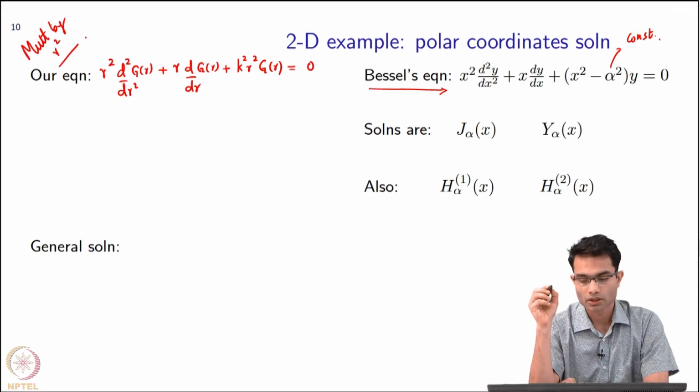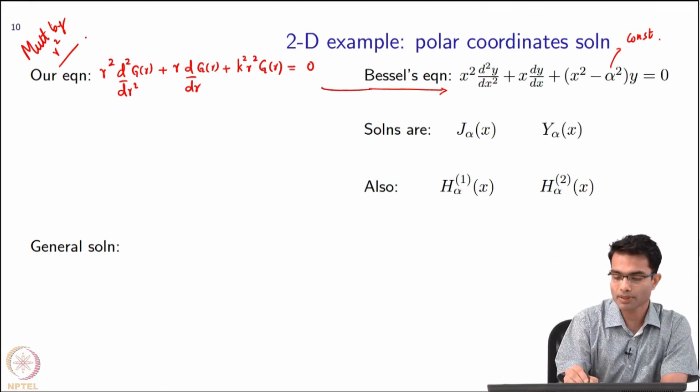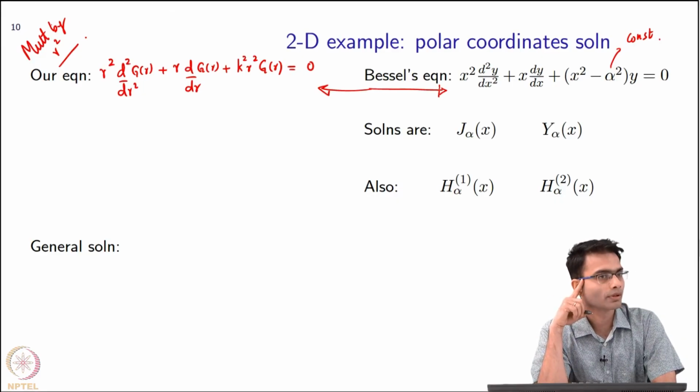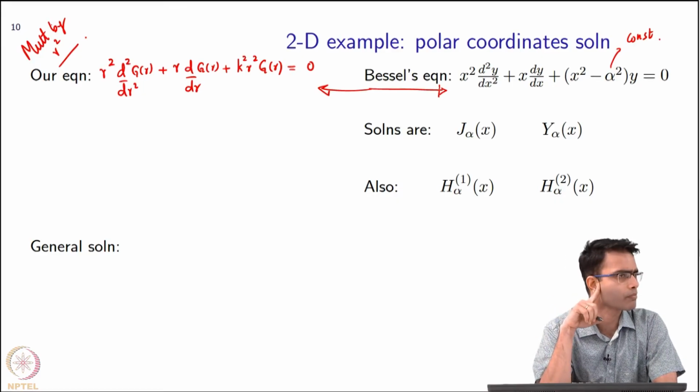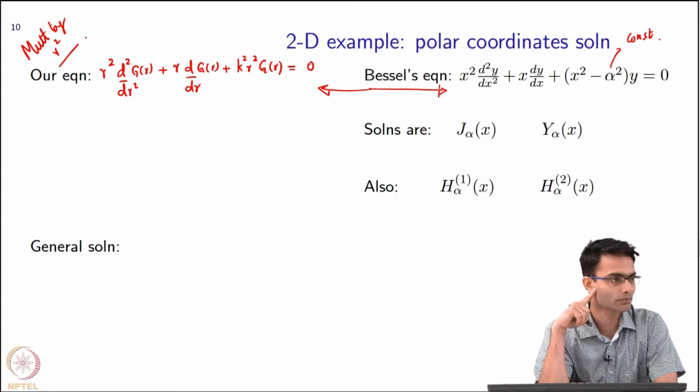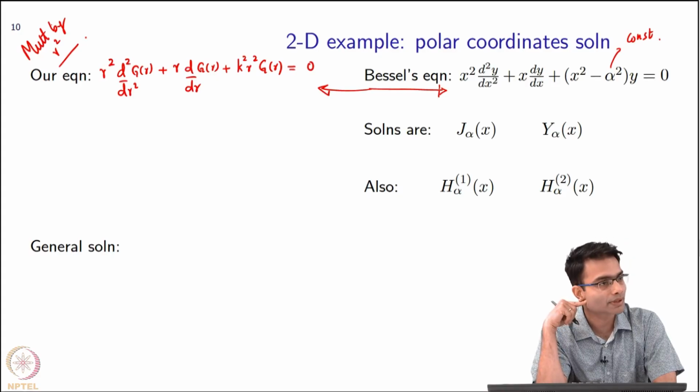Do you see any similarity between this equation and our equation? It looks almost the same, right? I have a second derivative multiplied by a squared term, a first derivative multiplied by a linear term, and an x squared y or r squared g term. Something is slightly off, and that is a k.